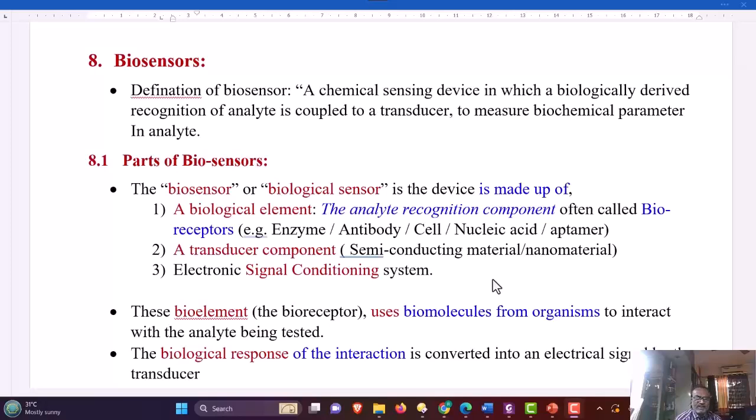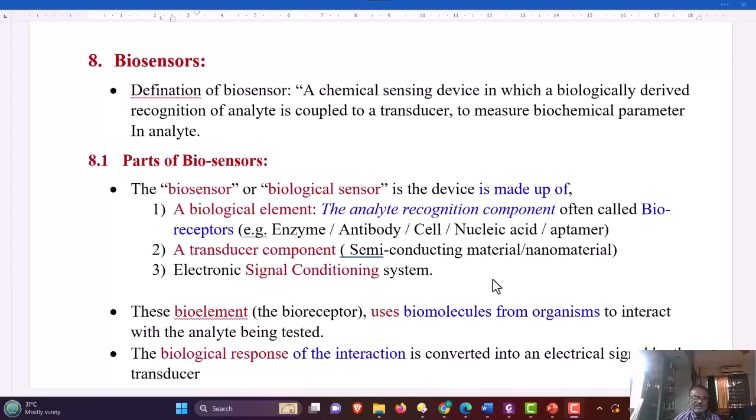Typical parts of the biosensors are the biological element. This biological element is the component which recognizes the analyte, often called bioreceptors. These bioreceptors are normally enzymes, antibodies, cells, nucleic acids, or aptamers. There are various biochemical materials that can be used for detection of the various properties of the analyte.